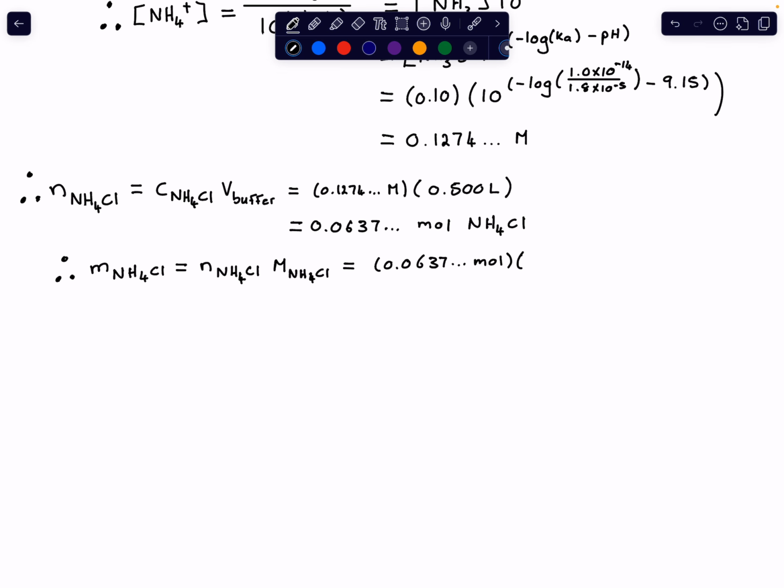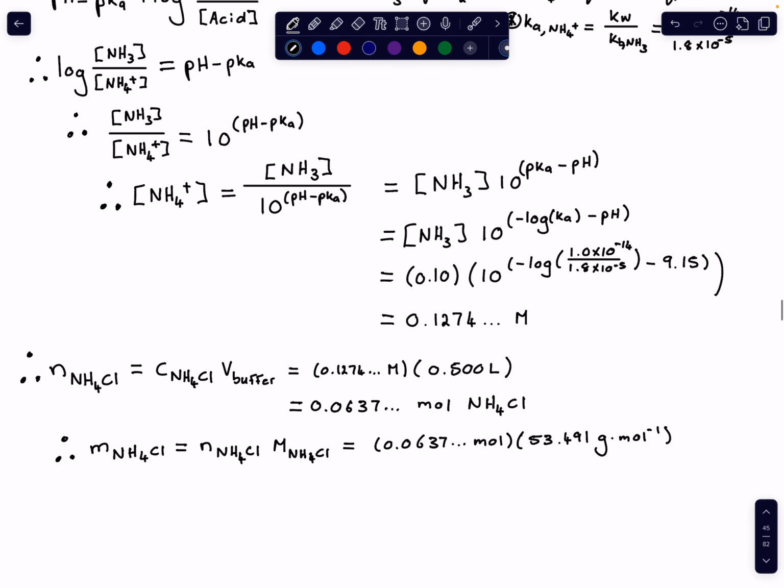We want to know how much of the salt we need to add. So 53.491 gram per mole.